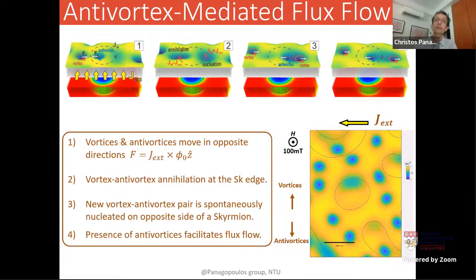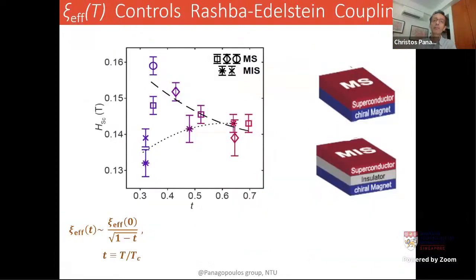Now, how about detection of Rashba-Edelstein coupling? We track the temperature dependence of the field, which we call HSC, where the measured magnetization of the superconducting component of our bilayer first responds to the nucleation of magnetic Skyrmions. Doing so, we find Rashba-Edelstein coupling is enhanced.